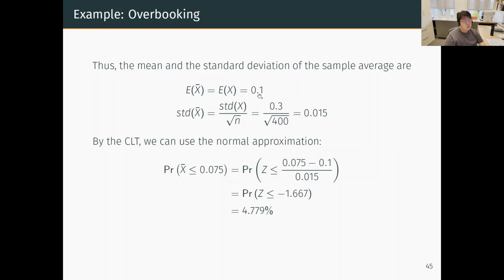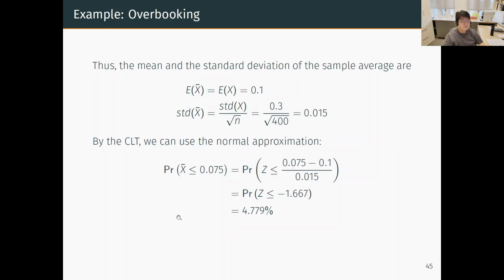So we use the mean and the standard deviation for the sample average like this, and then this probability can be standardized using those parameters, and you get the probability that Z is smaller than approximately minus 1.667. Then you get another number here.